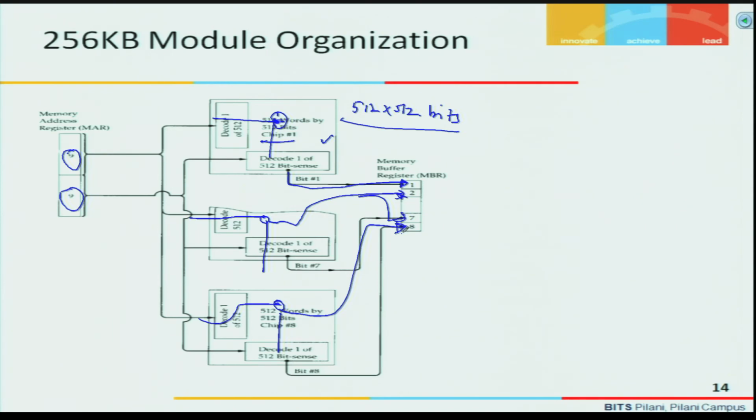For a write operation, if 8 bits are provided, then as per the address information available here, these bits will be written in each chip, 1 bit per chip. So, that is a 256 kilobyte memory module organization with the help of 512 cross 512 chips. Total 8 chips are used.